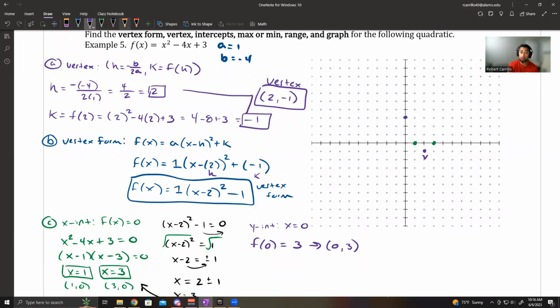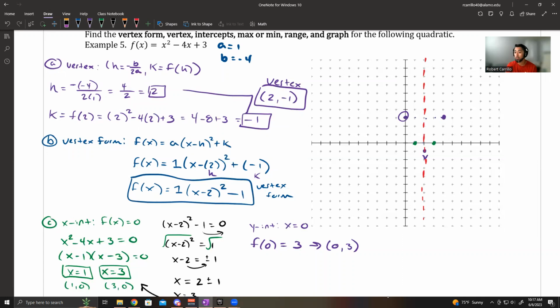But here, you can use that axis of symmetry if you want to reflect that y-intercept. So remember that the axis of symmetry cuts straight through the vertex. Straight through the parabola. So this is how your axis of symmetry works. If this point is 2 spaces away, then your next point will also be 2 spaces away.